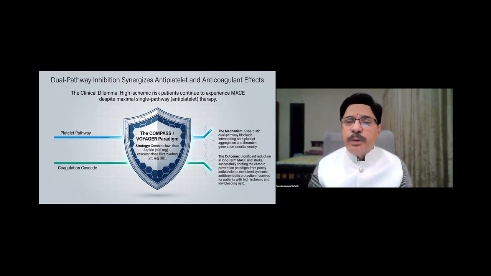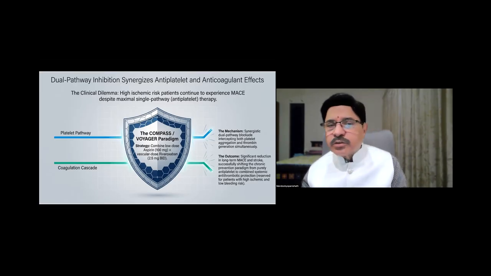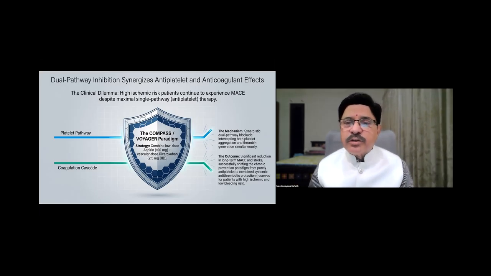Synergistic dual pathway blockade: blocking the platelet pathway with aspirin and the coagulation pathway with rivaroxaban, a combination for high ischemic risk patients who continue to experience major adverse coronary events despite maximal single pathway or antiplatelet therapy. If the patient is symptomatic in spite of antiplatelet therapy, either single or double, then you can combine the coagulation pathway by adding rivaroxaban.